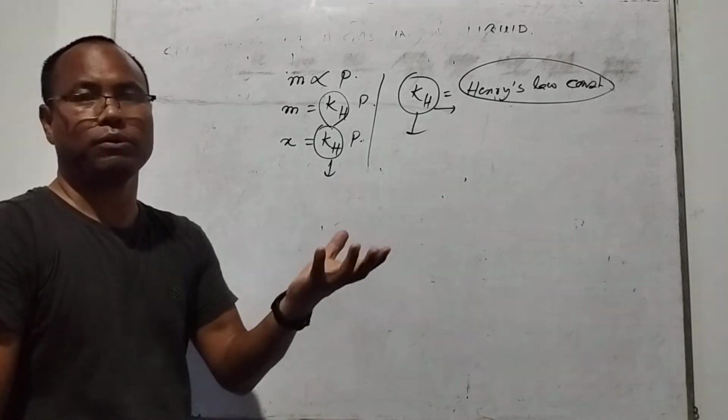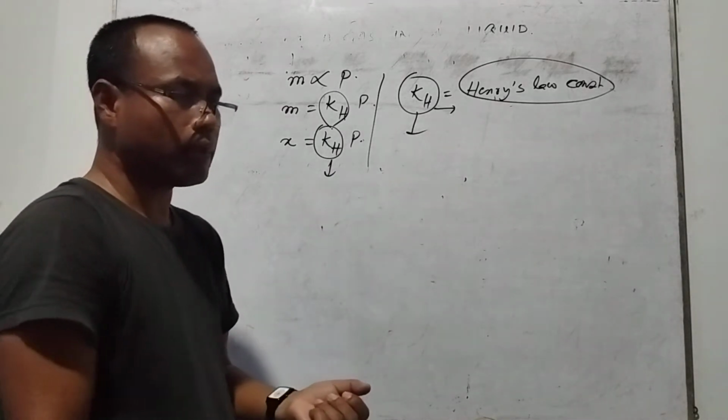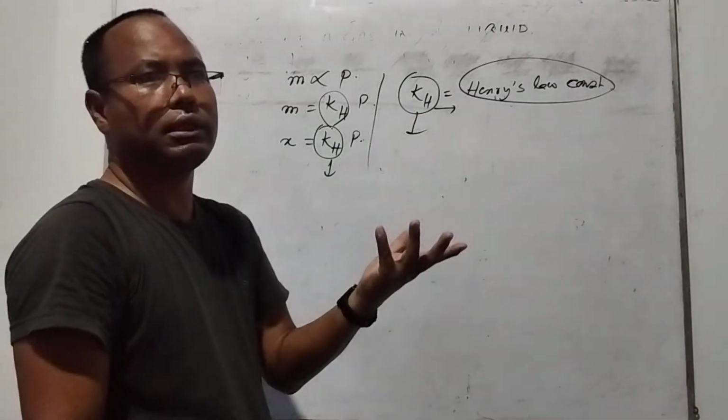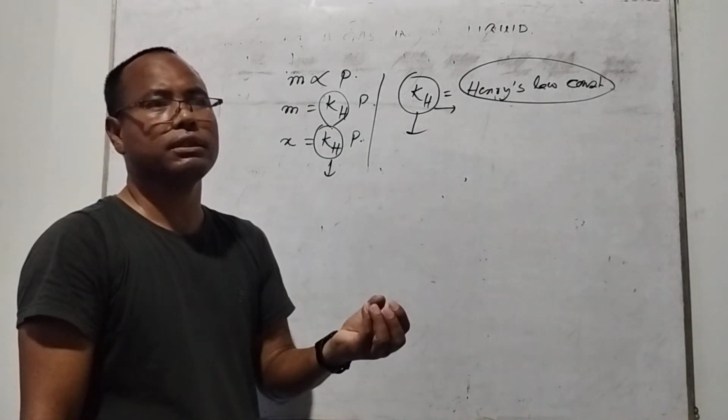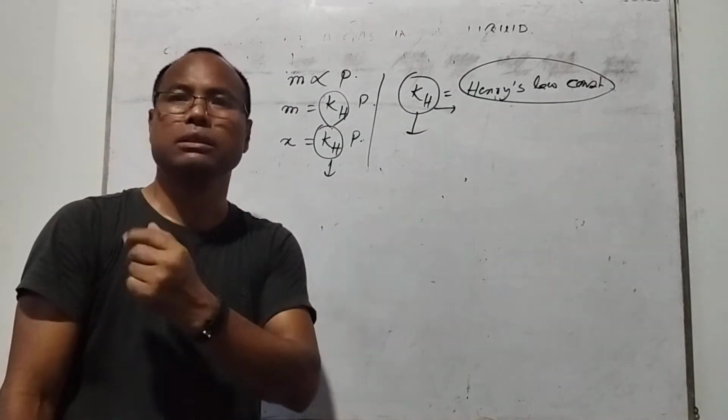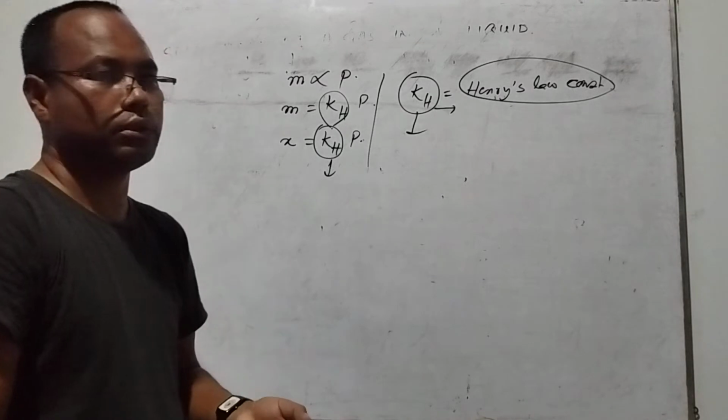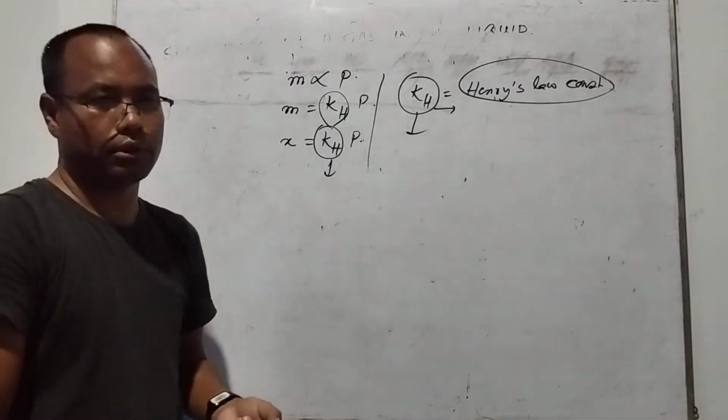Suppose we have liquid water. For example, helium's KH value is very high compared to the other gases, carbon dioxide, oxygen, HCl, nitrogen, right?